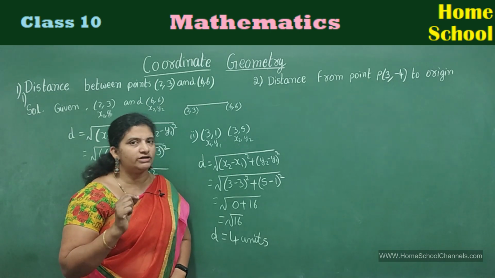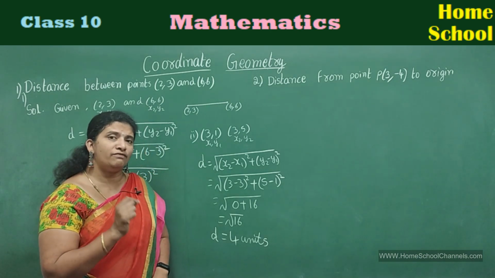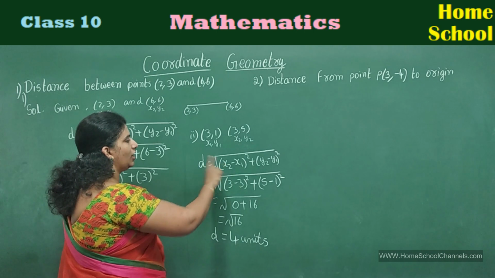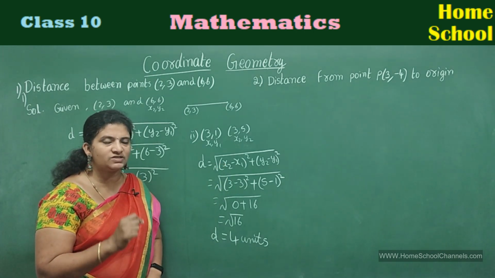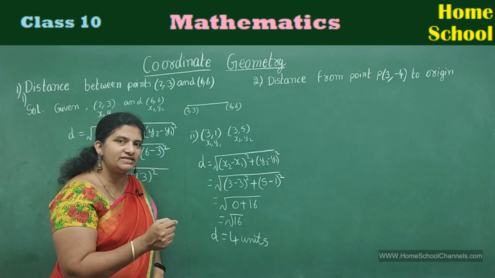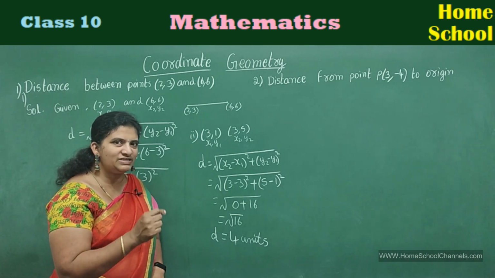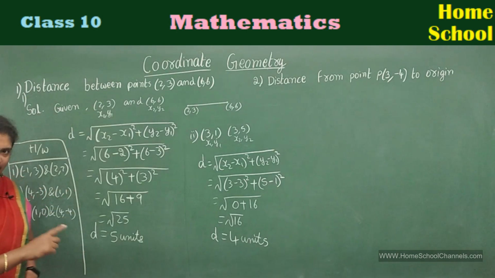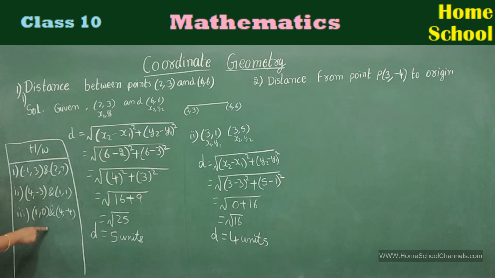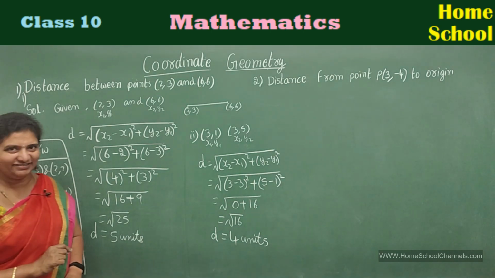In a multiple choice question, they may give you the option which is not like this; they'll give you d is equal to square root of (x1 minus x2) whole square plus (y1 minus y2) whole square. If you understand these two problems, solve these three problems as homework and check yourself whether you can do it or not. Right?